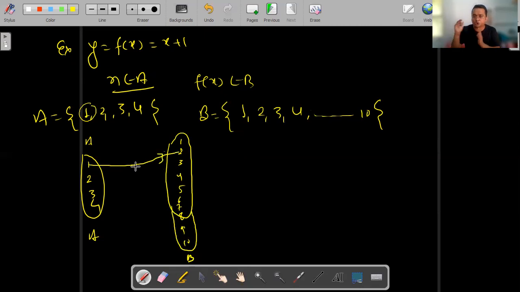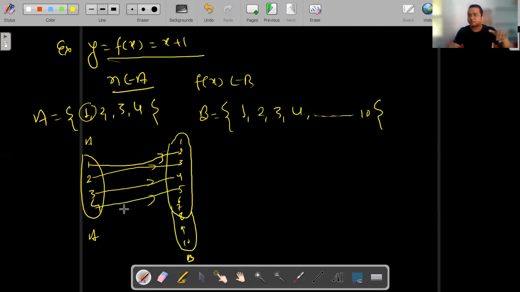Means 1 is mapped with 2. If you put 2 in this function, then you will get 3. Then if you put 3, you will get 4. If you put 4, you will get 5. So see here, this is one-one mapping, right? So you can say that this is a one-one function.